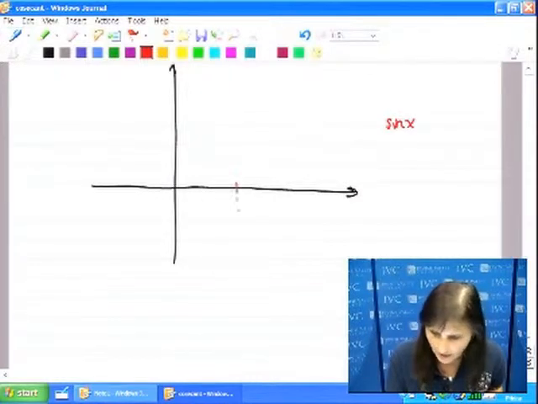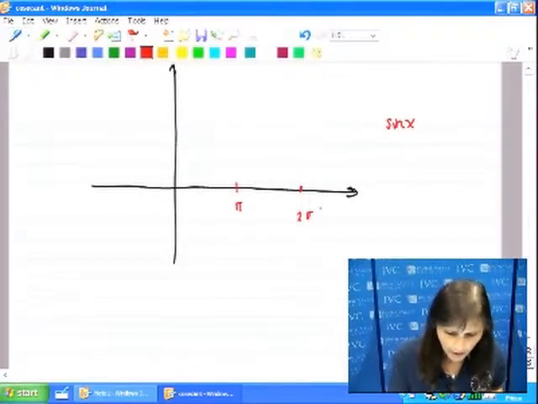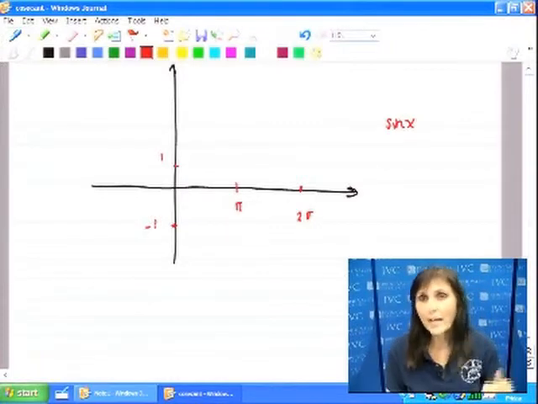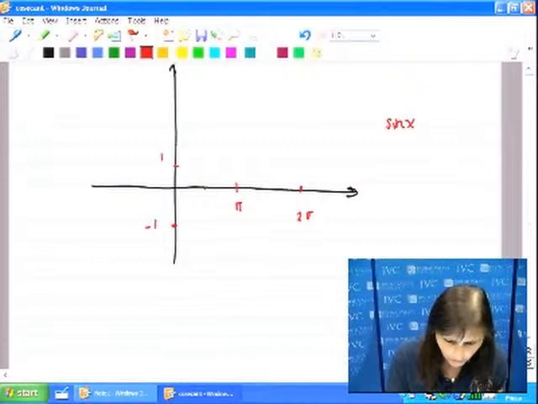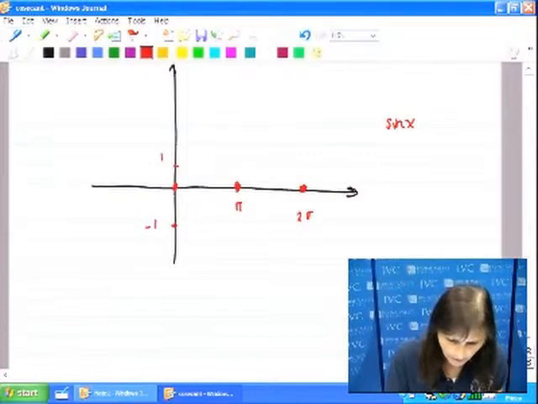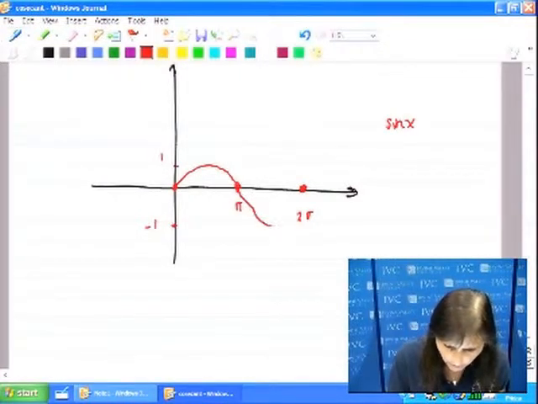I know that the sine has a period of 2 pi. It goes from 1 to -1, and it makes a nice sinusoidal wiggle. It is 0 here, 0 here, and 0 here.